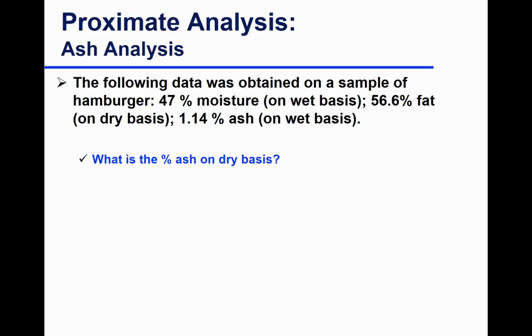So the equation is percent ash dry basis equals percent ash wet basis times 100 divided by 100 minus percent moisture. So I got 2.15. Okay, I'm going to write this down and simplify it so you can see the concept.